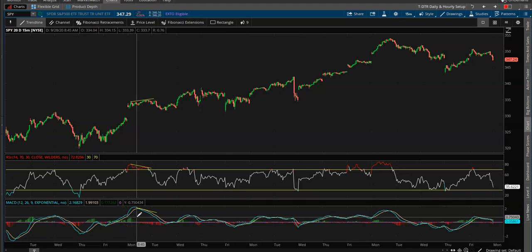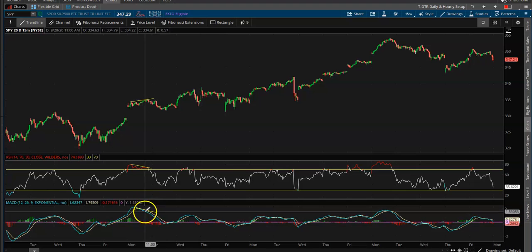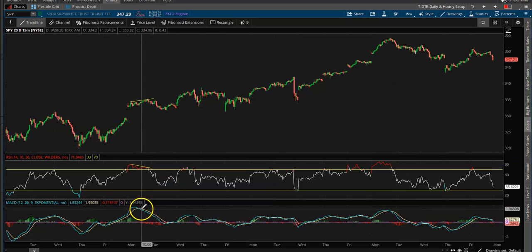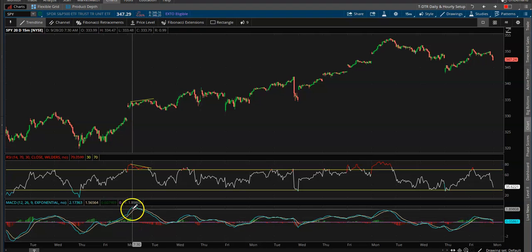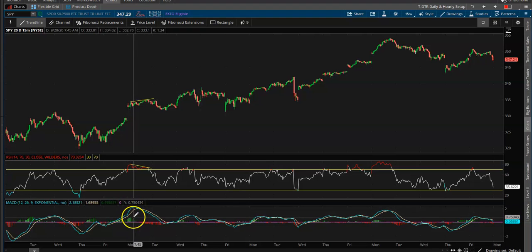It's a lot of mixed signals, because the crossover on the MACD was way over here, and the histograms are peaking out way over here. So it's hard for me to really grasp and understand.